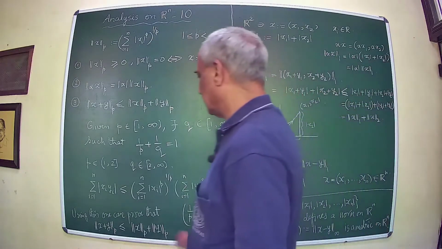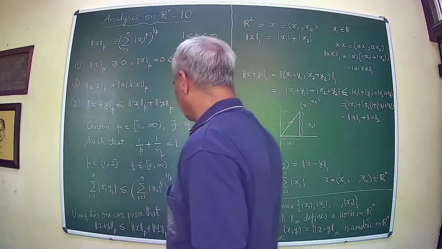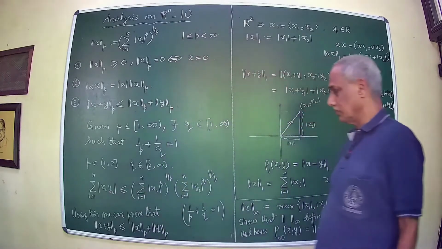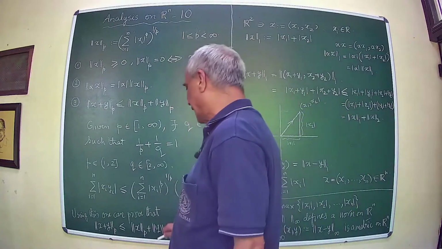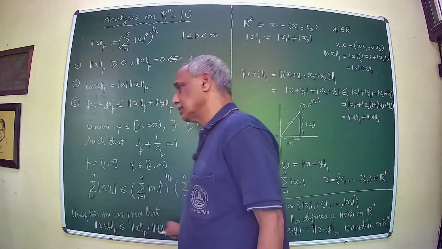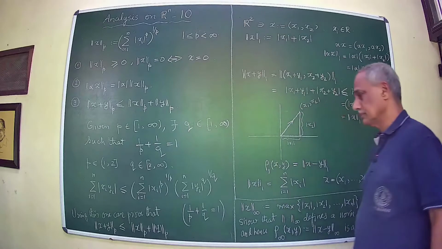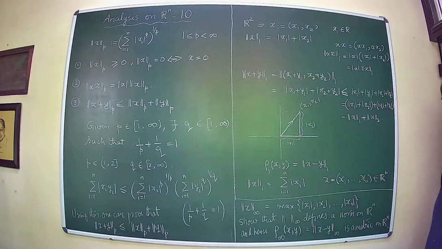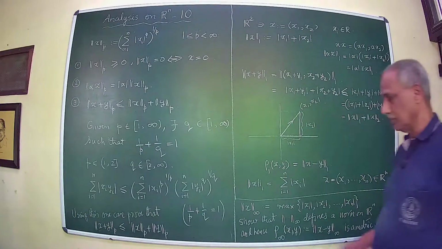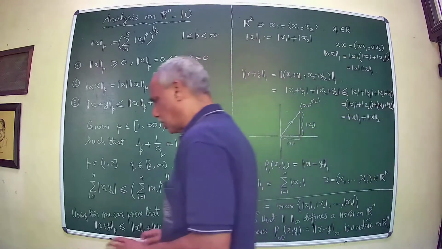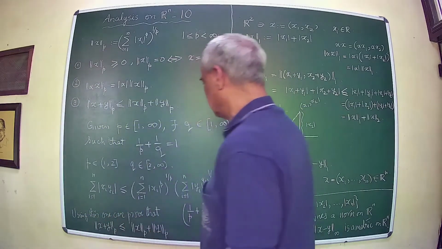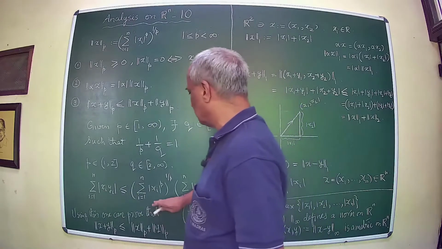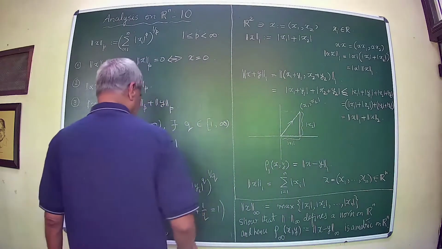Then for that, this particular inequality is true. And then using that, one can prove this result. That is a small work, more work than, not straightforward like this. But first you would have to prove this inequality. This is called the Holder's inequality.